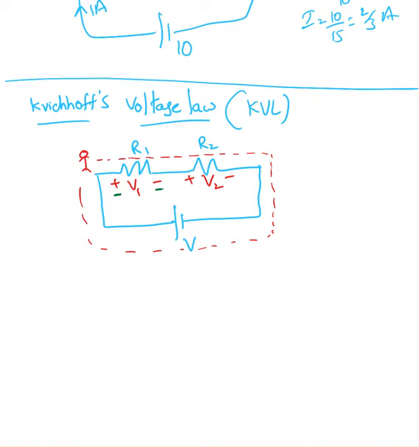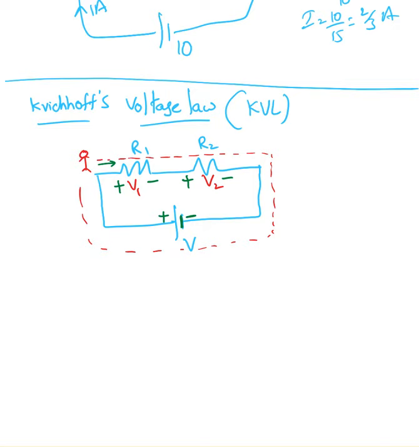So start walking, and if you see a resistor, label the entering side as positive. Start walking in this direction: positive, negative. Here also I'm entering positive, negative. For the battery, this is already given. Whenever you see the small line, that's negative. Whenever you see the large line, that's positive.